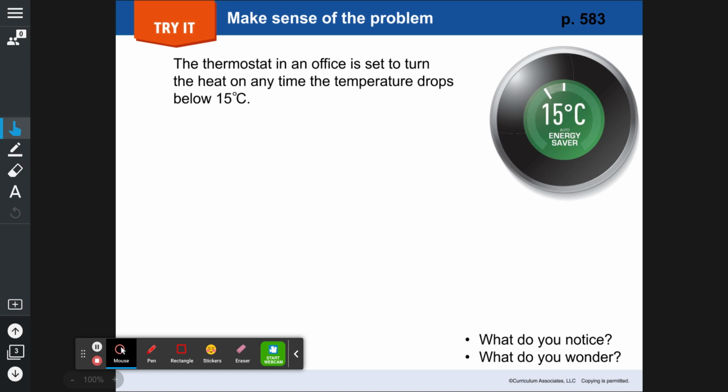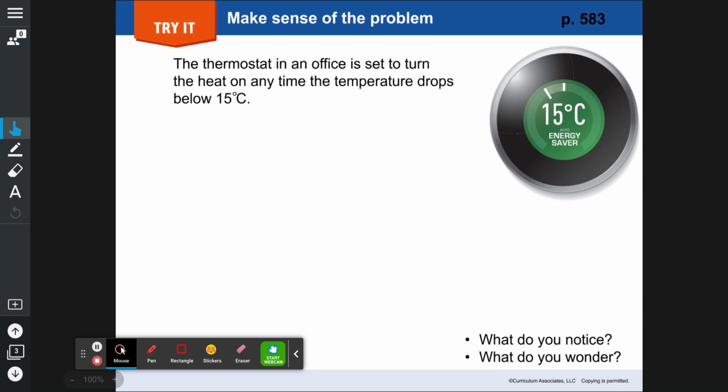All right. With our first problem with comparing inequalities, we have a picture right over here of a thermostat. If you didn't know what a thermostat is, a thermostat is what you use to control the air conditioner or the heat in your house.